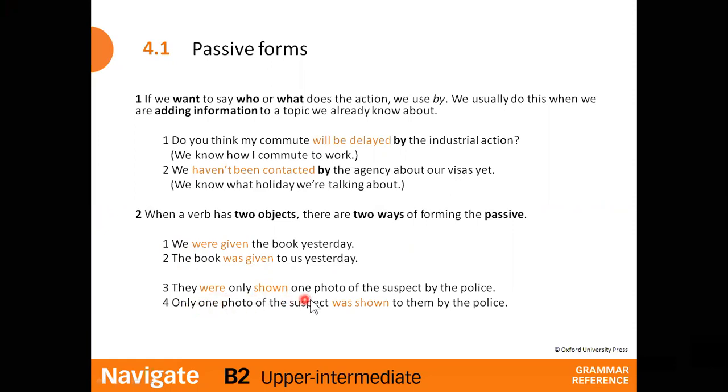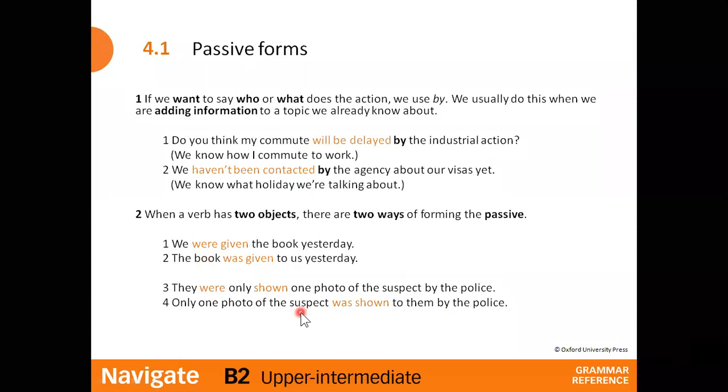All right, next. They were only shown the photo of the suspect by the police. Here you can see "they," like "we" in the previous sentence, and only one photo of the suspect was shown to them by the police. The book, only one photo, so object, object here.